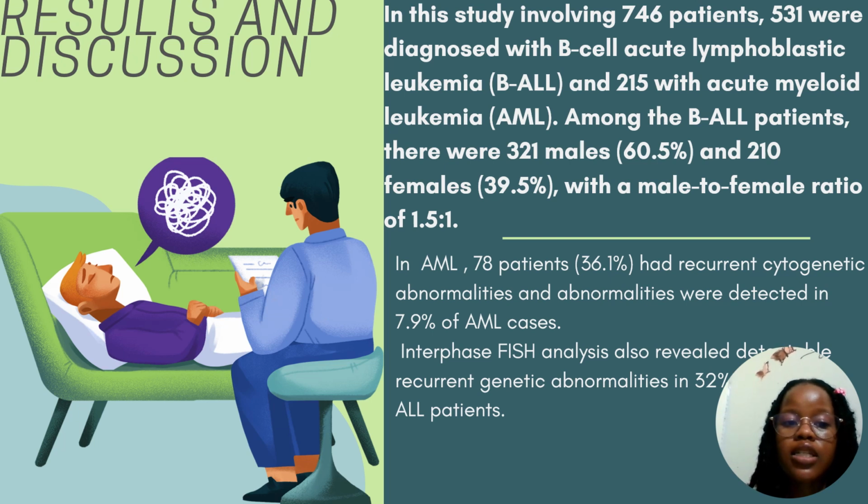The other findings were that in AML, 70 patients had recurrent cytogenetic abnormalities, and abnormalities were detected in 7.9% of AML cases. And one interesting thing too is that interphase FISH analysis also revealed detectable recurrent genetic abnormalities in 32% of tested BL patients.